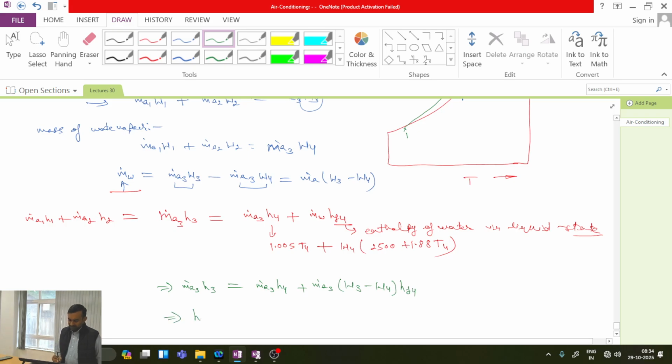M dot A3 will be cancelling out. H3 equal to H4 plus (W3 minus W4) into HF4. Okay, so this is the equation for this process.